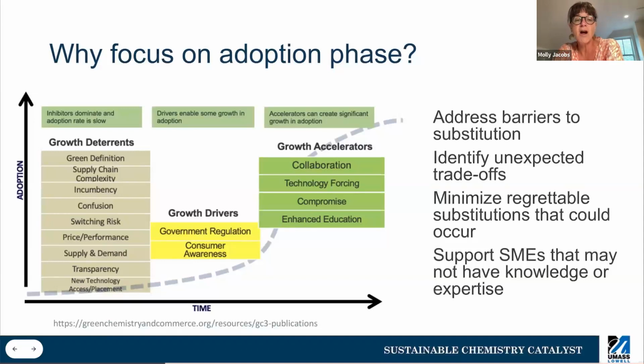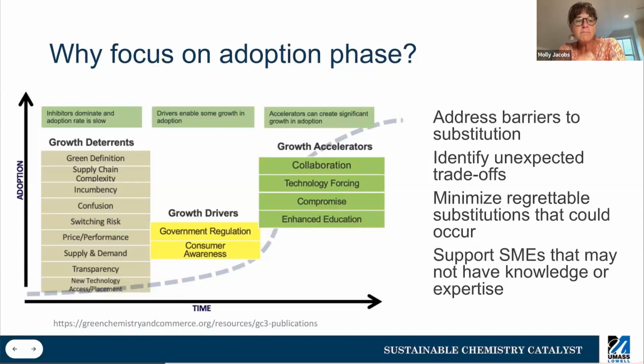So safer chemicals are often produced in lower volumes and are often more expensive. And small and medium-sized enterprises frequently lack the resources and technical expertise to test the performance of the alternatives and change and reformulate as necessary to achieve the customers' specifications.